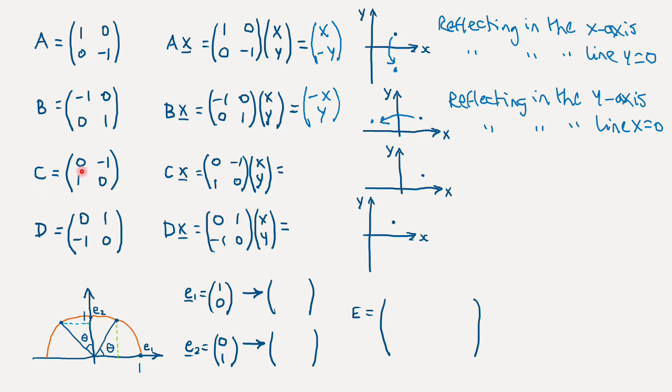Next, let's look at matrix C, 0, minus 1, 1, 0. What happens if we multiply that by a vector in R2? So now we're going to have minus y for the x-coordinate, and we're going to have x for the y-coordinate. So what happens in the diagram? So this point x, y is x in the x direction, and maybe I'll use a different color, let's use green.